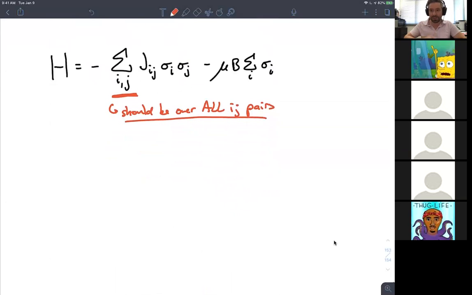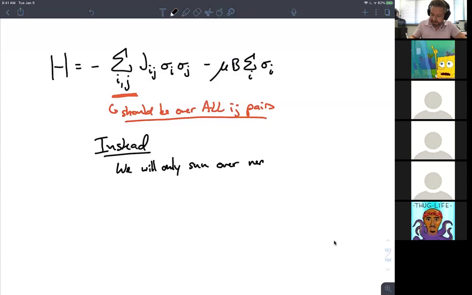Okay, so what we're going to do is simplify things. Instead of summing over all pairs, we will only sum over nearest neighbors.